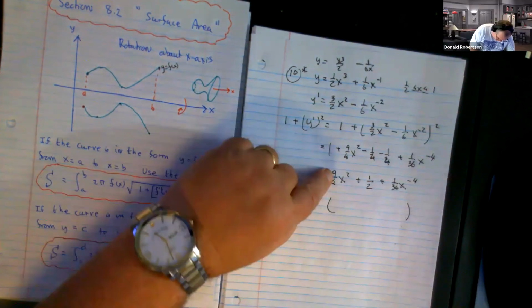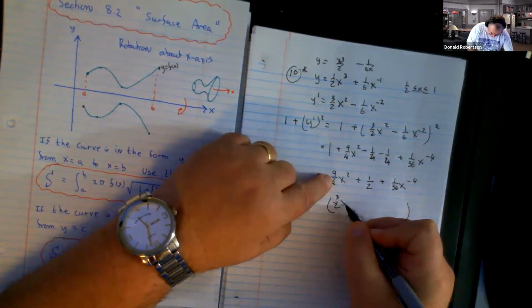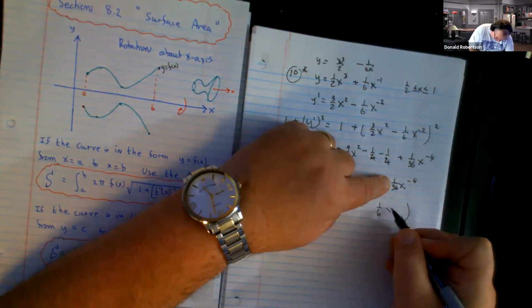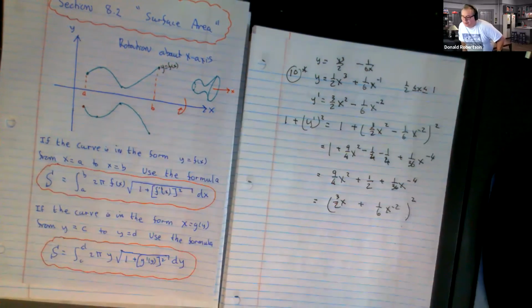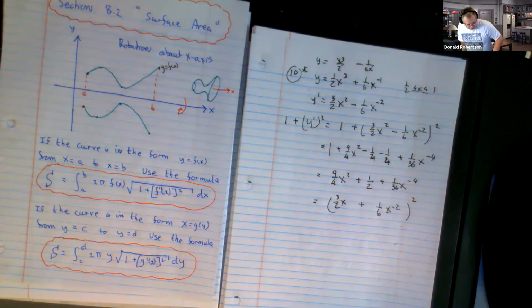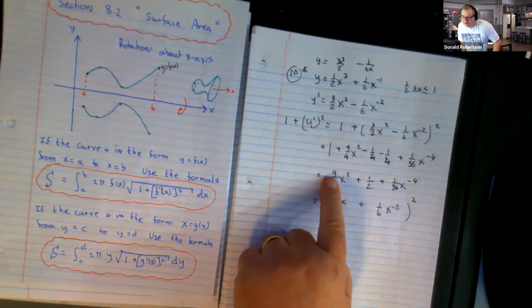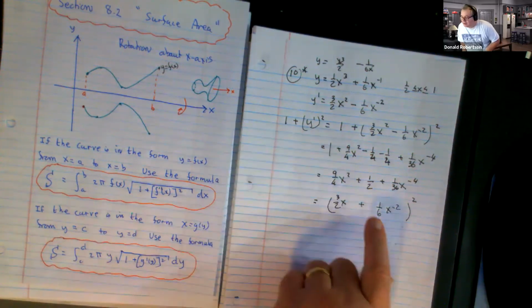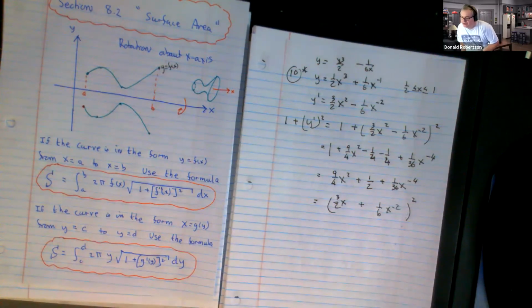Well, that guy gets you 3/2 x, and this guy gets you plus 1/6 x to -2 squared. Are you happy about where the terms came from? Square root this guy, square root that guy. That means this guy is a perfect square. Like I promised, right? You do get questions with perfect squares sometimes.